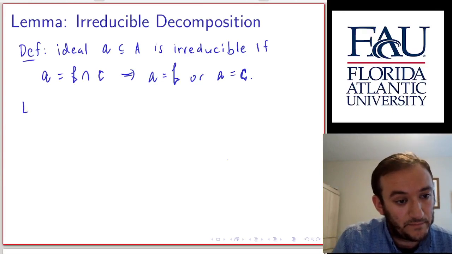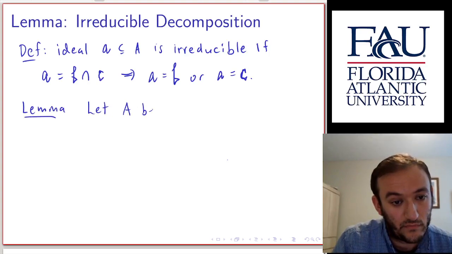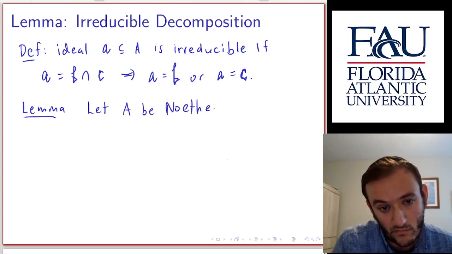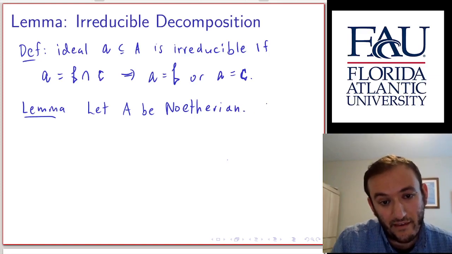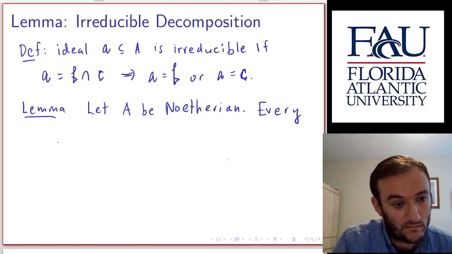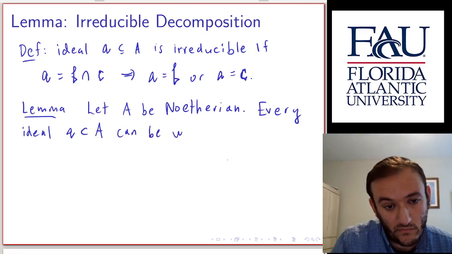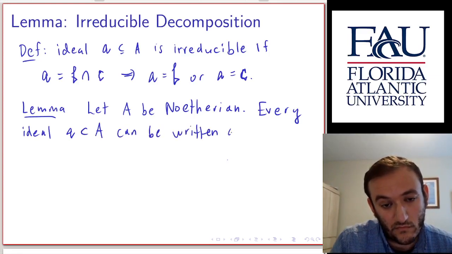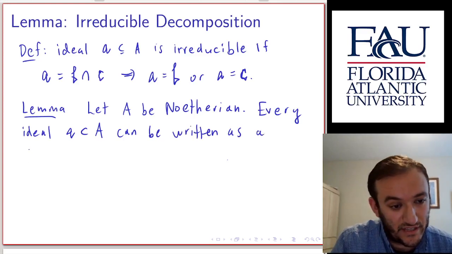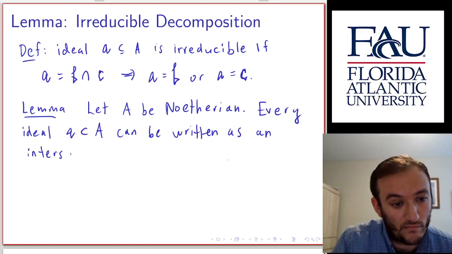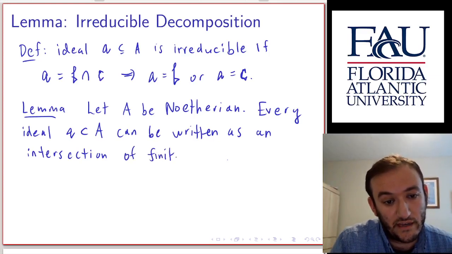Now we state the lemma. Let A be a Noetherian ring. Then every ideal A in the ring can be written as a finite intersection of finitely many irreducible ideals.